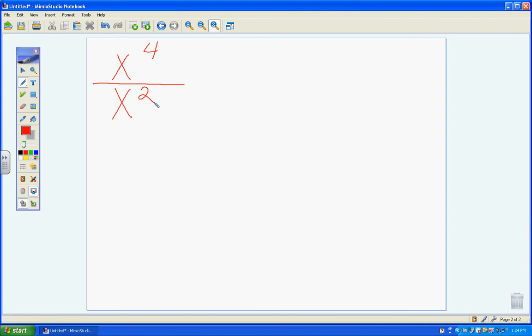If we subtract the exponents, what's 4 minus 2? Okay, so it could equal x to the second power. We always take the exponent on top and subtract the exponent on the bottom from it.